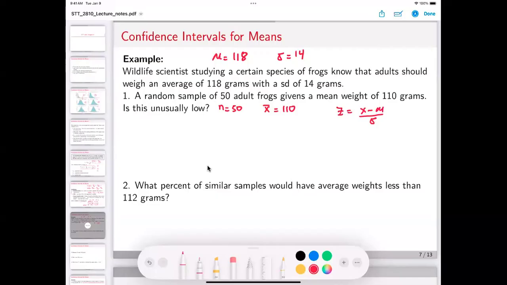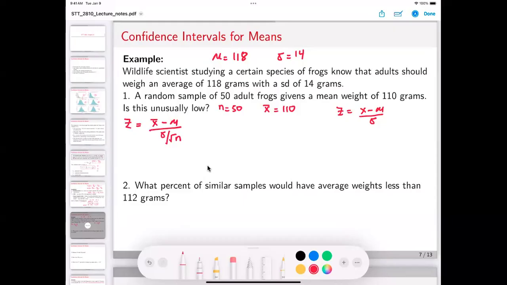Now, in this situation, we are dealing with the sample mean. So to compute the z-score for the sample mean, we are just going to modify this formula a bit. The z-score is equal to the sample mean minus mu, divided by the standard deviation of the sample mean. And we know the standard deviation of the sample mean is given as sigma divided by root n.